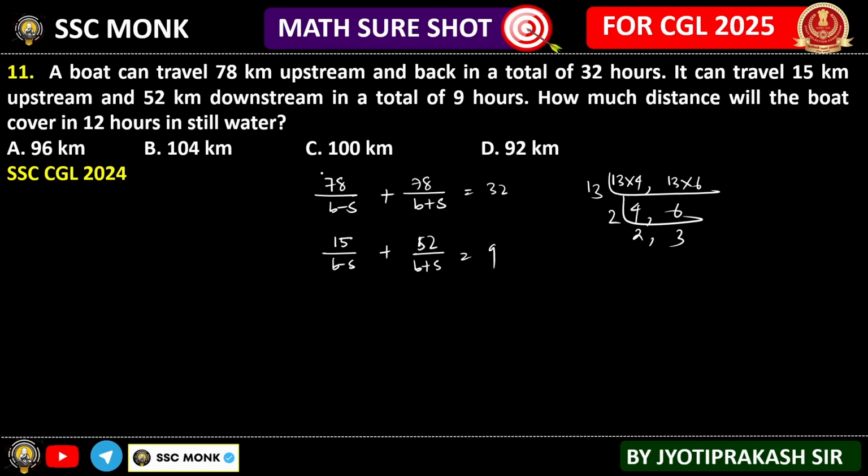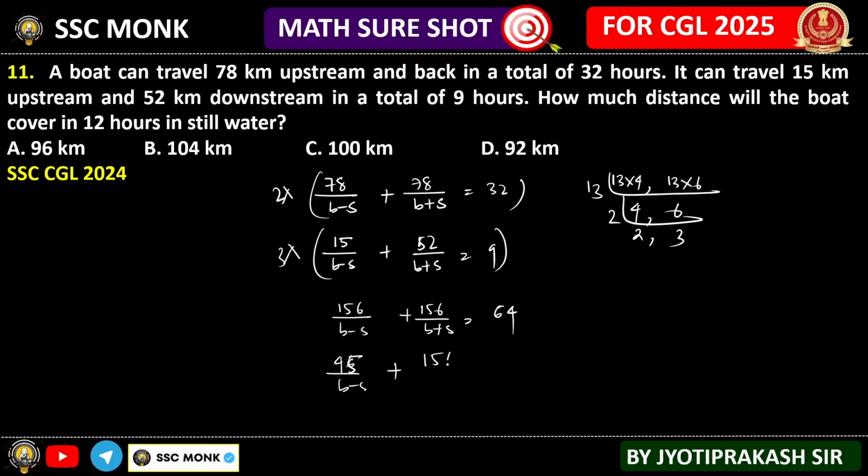So what I will do, I will multiply 2 over here, I'll multiply 3 over here. So what will be the total? Here it will be 78 into 2 is equal to 156 divided by b minus s plus 156 divided by b plus s is equal to 64. Here 3, so 45 divided by boat minus speed plus 156 divided by boat plus speed is equal to 27.